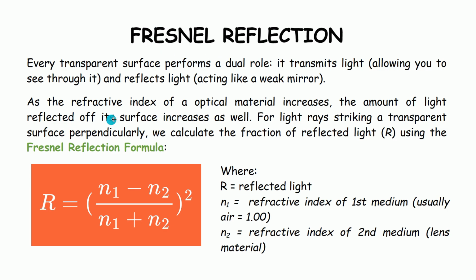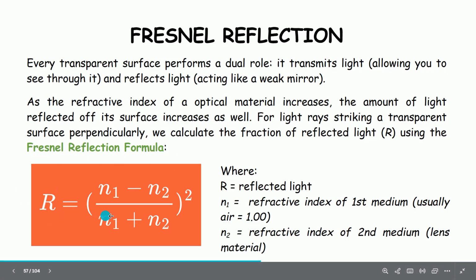So as the refractive index of an optical material increases, the amount of light reflected off its surface increases as well. For light rays striking a transparent surface perpendicularly, we calculate the fraction of reflected light, or R, using the Fresnel reflection formula, which is here.